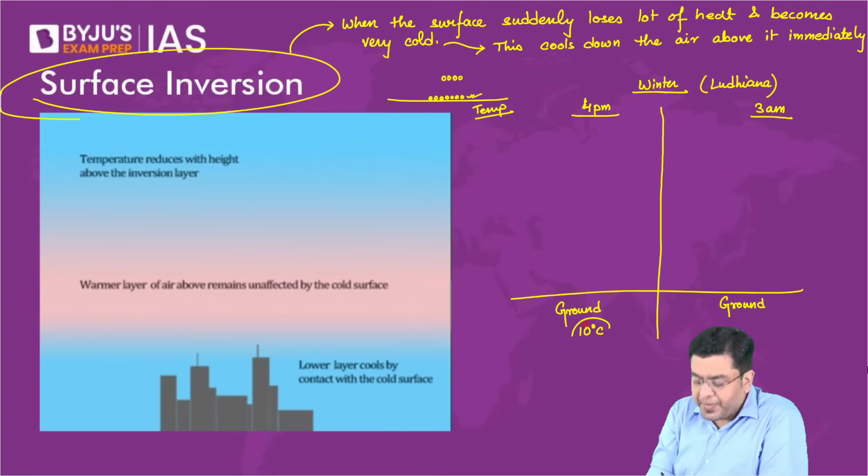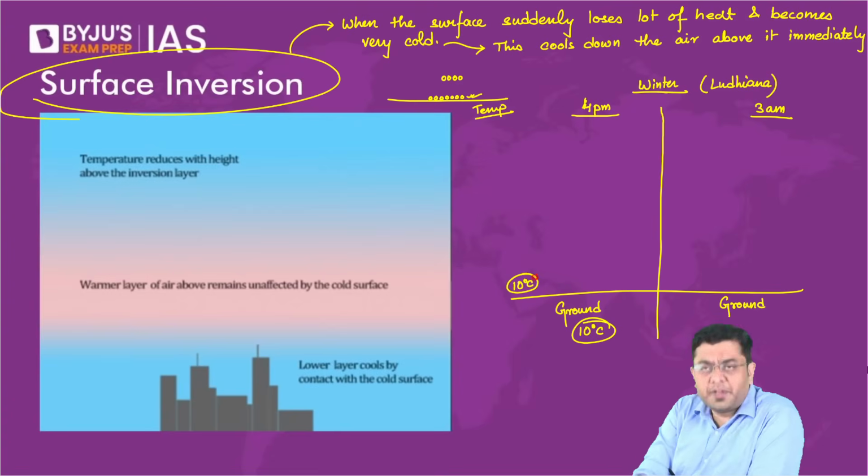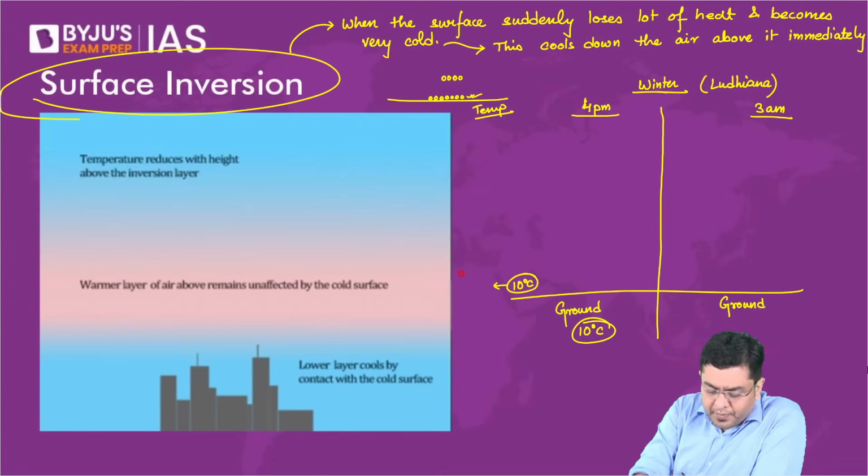Apply your logic, see if it satisfies your logic. Now, if the ground temperature is 10 degrees Celsius, the temperature of the air immediately above the ground will also be very similar. Let's assume 10 degrees Celsius because it is in contact with the ground. The air in contact.